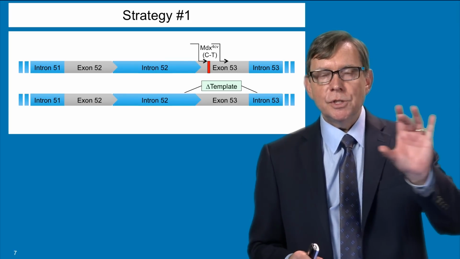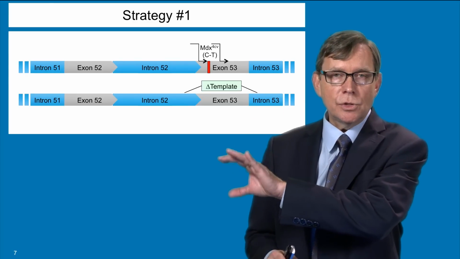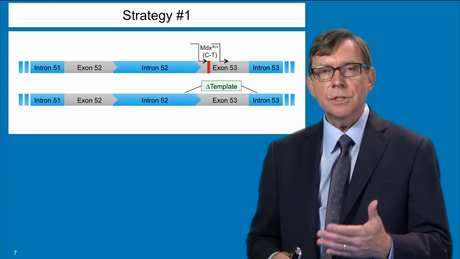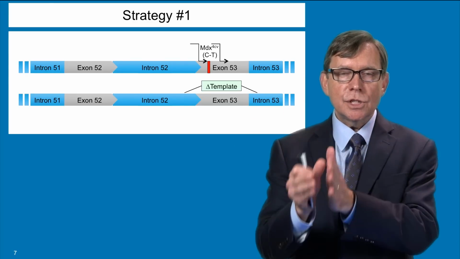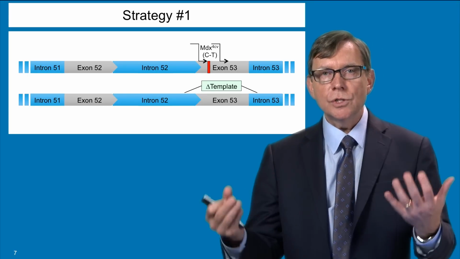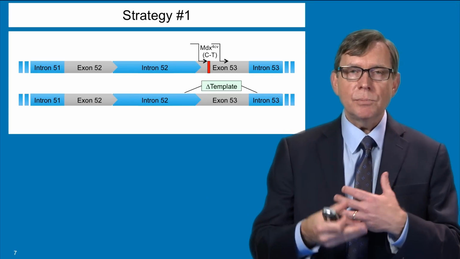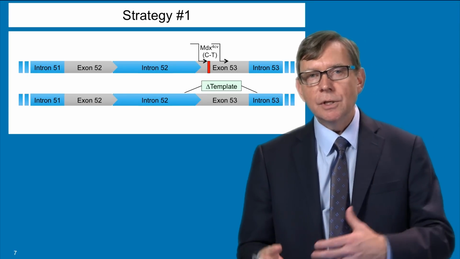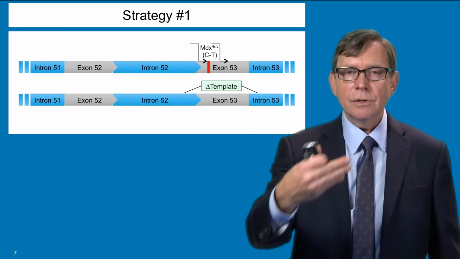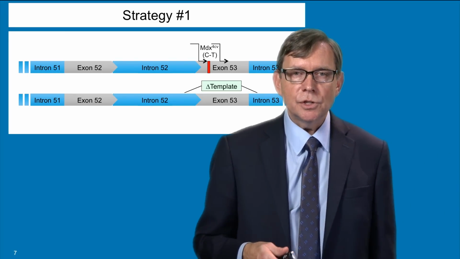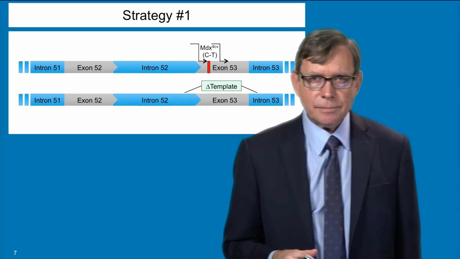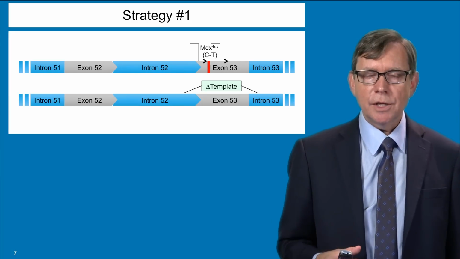The translational machinery is reading along the messenger RNA that has arisen from this mutant gene. It hits this premature stop codon, it falls off. The protein that has been produced up till then is unstable, it's degraded, and it's difficult to detect by immunological methods in muscle cells. So we want to fix this mutation.